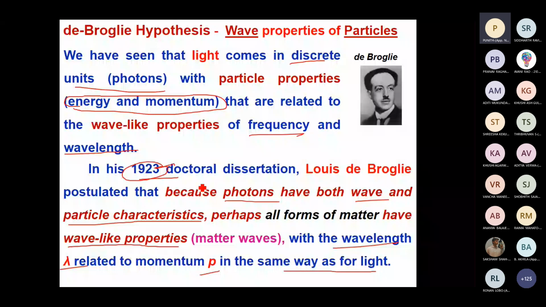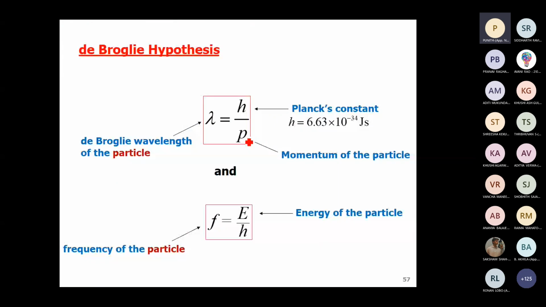So his equation was that the de Broglie wavelength is given by lambda equal to h by p, where h is Planck's constant, and here lambda refers to the de Broglie wavelength of the particle. Please note, it is of the particle, and p is the momentum of the particle, similar to that of the wave. So we can write the frequency of the particle as f equal to E by h, where E is the energy of the particle and f is the frequency of the particle.